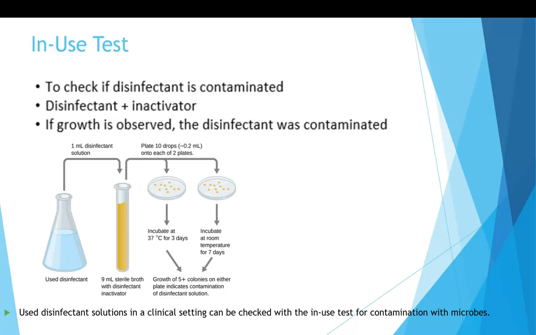Sometimes disinfectant chemicals or solutions can be contaminated with microorganisms too. So the in-use test is a very important and efficient test to check whether the disinfectant is contaminated, and its efficiency.